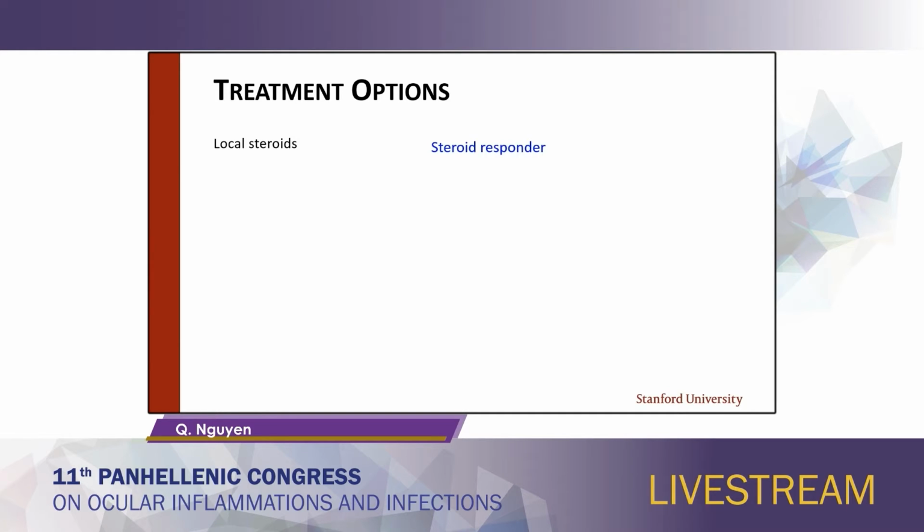Certainly local steroid is not appropriate because the patient is a steroid responder. In addition, local steroid would most likely not be able to address the posterior segment disease. Oral corticosteroid could be considered, but the patient had used it previously and did not achieve complete quiescence, as we just observed.